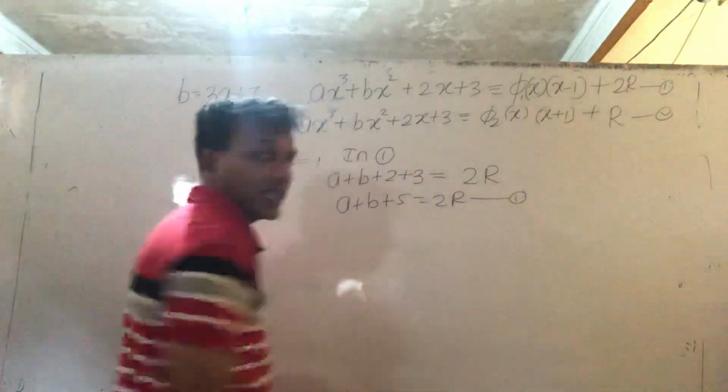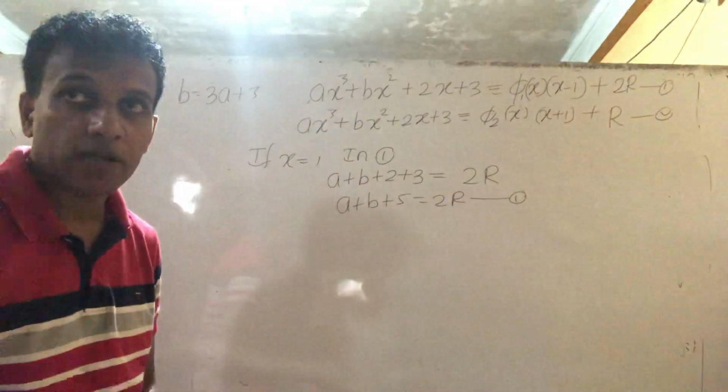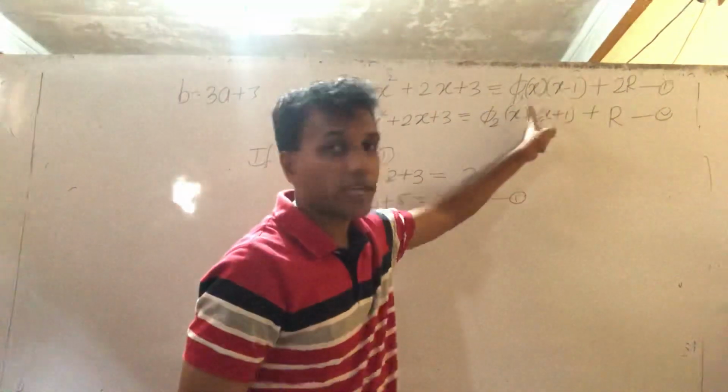Again I say first equation, right? Now the second part, remove the quotient part, the answer part, make this 0, put x for minus 1, right?